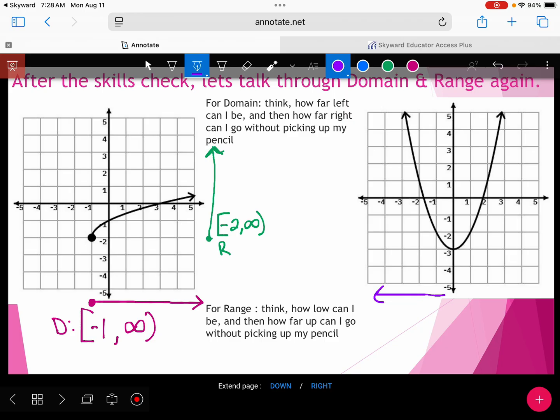So the lowest this can go is all the way down to our -infinity. As I trace this graph, it goes to the right and it never stops. So it goes all the way to the right as far as we can imagine, all the way out to positive infinity. So on this one, our domain is negative infinity to positive infinity. That's our domain.